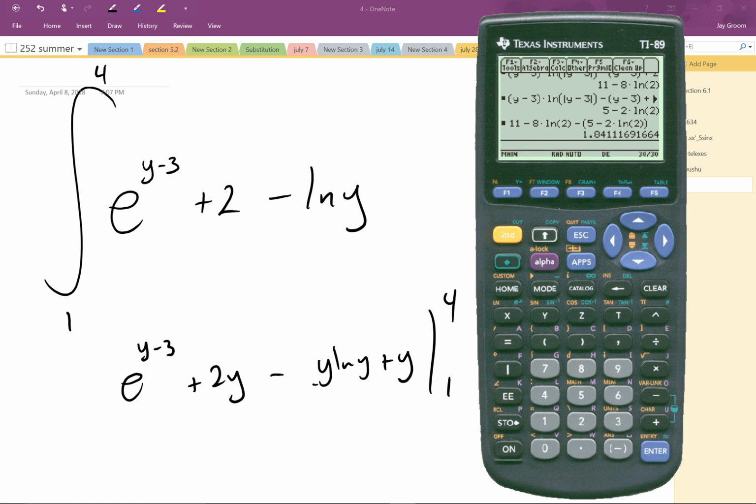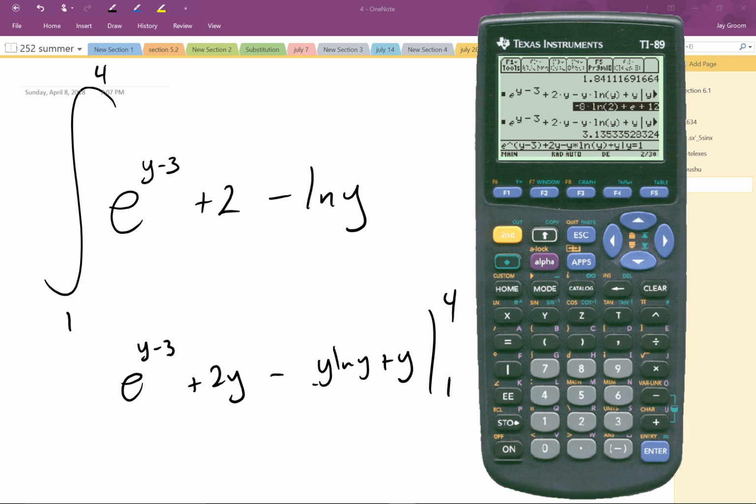Alright, so you want e to the y minus 3, plus 2y minus y times the ln of y plus y, such that y equals 4. Oops, don't forget your equals sign. Such that y equals 4, and such that y equals 1.